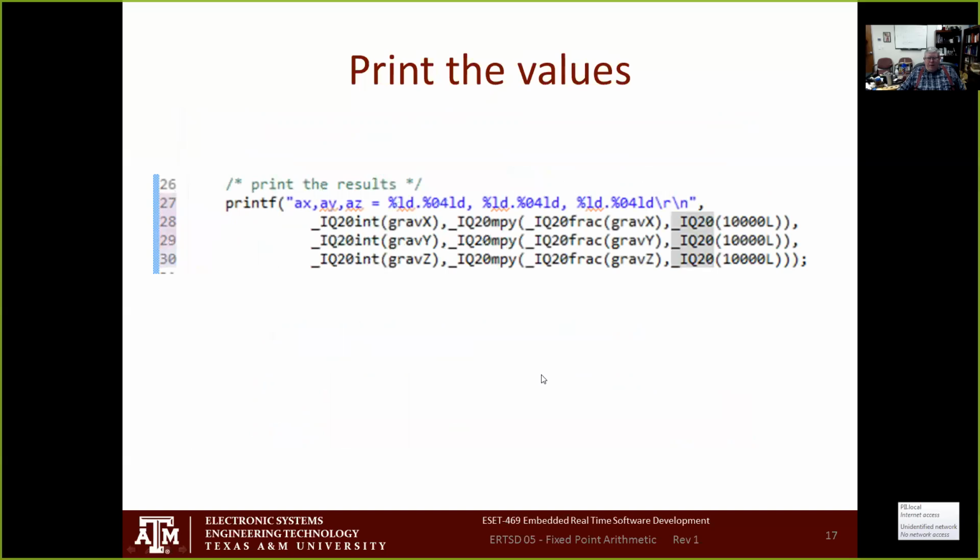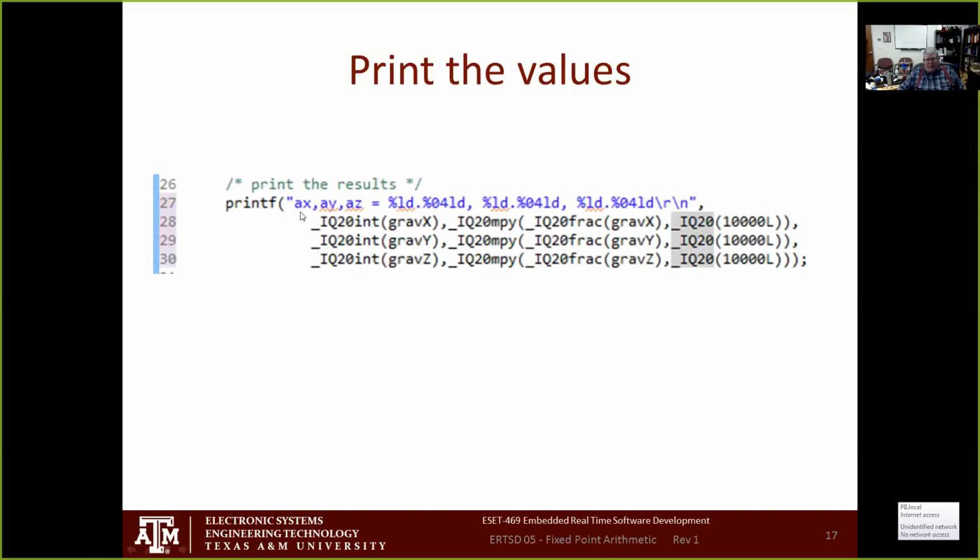Now printing becomes a little bit more of a challenge, right? The reason is that there is no printf function for fixed point numbers. So I have to print out manually the mantissa and the decimal point.